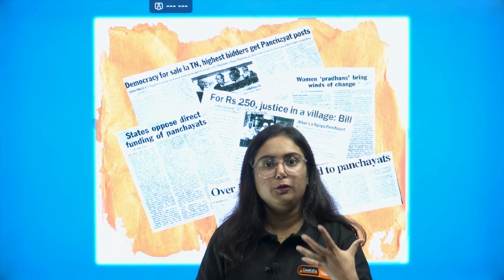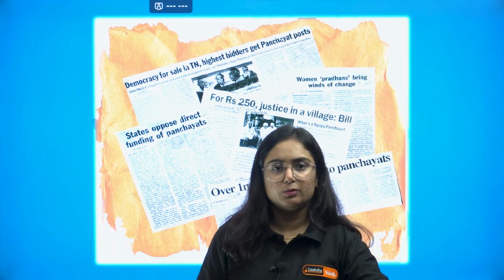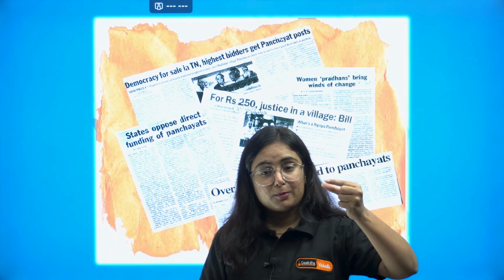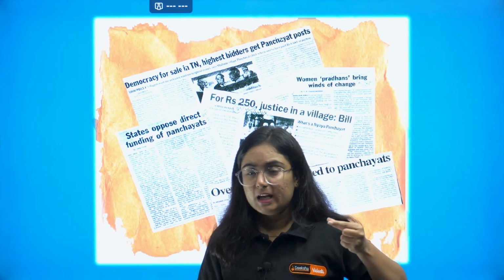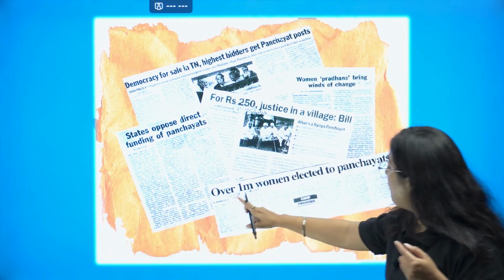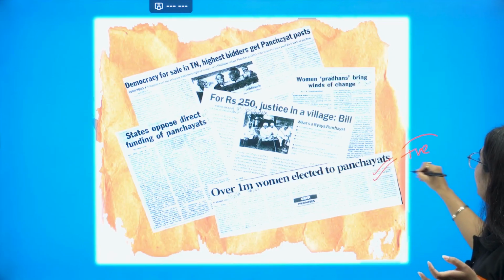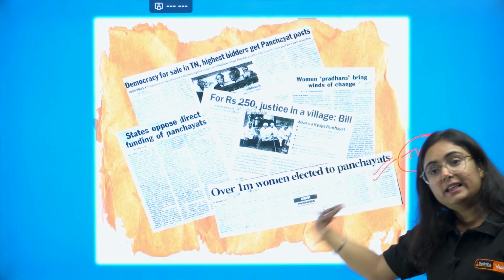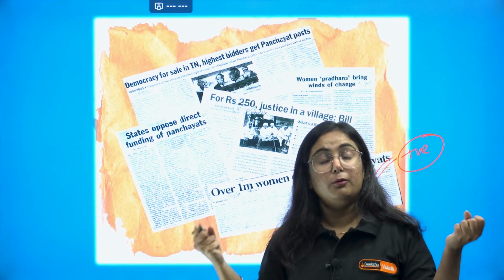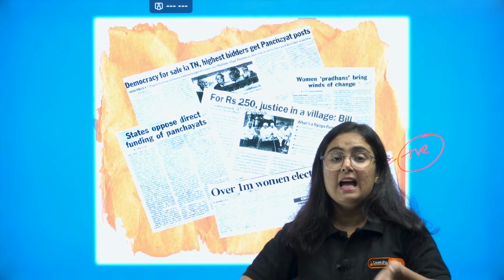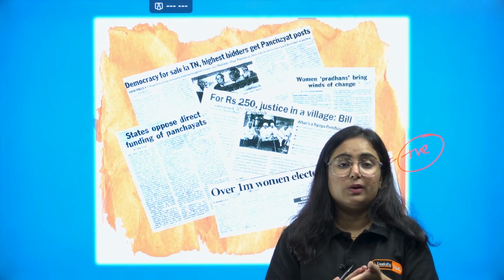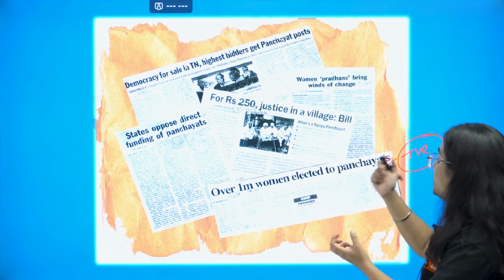For the working of local governments like panchayats and municipalities, states will be providing funds. And you can see here, over 1 million women elected to panchayats. See, this is a positive one. Women were not seen in politics, and as one-third of seats were given here, women were seen elected.